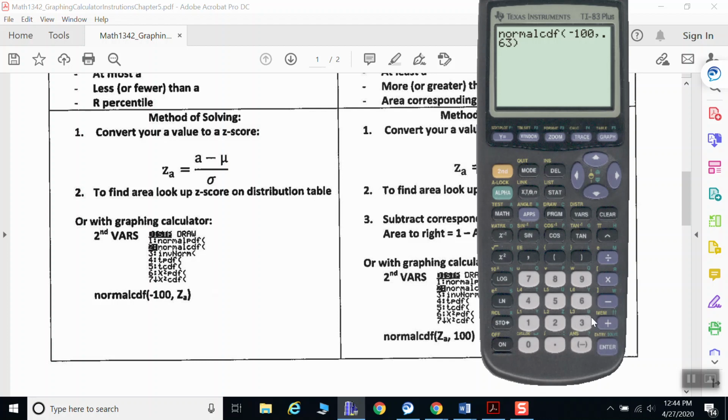Then you close the parentheses, press enter, and notice that it contains a lot more decimal places, because the calculator is programmed with a lot more decimal places than the 4 that you are given in the table of values. So therefore, this is 0.7357, which is what we got from the table of values.